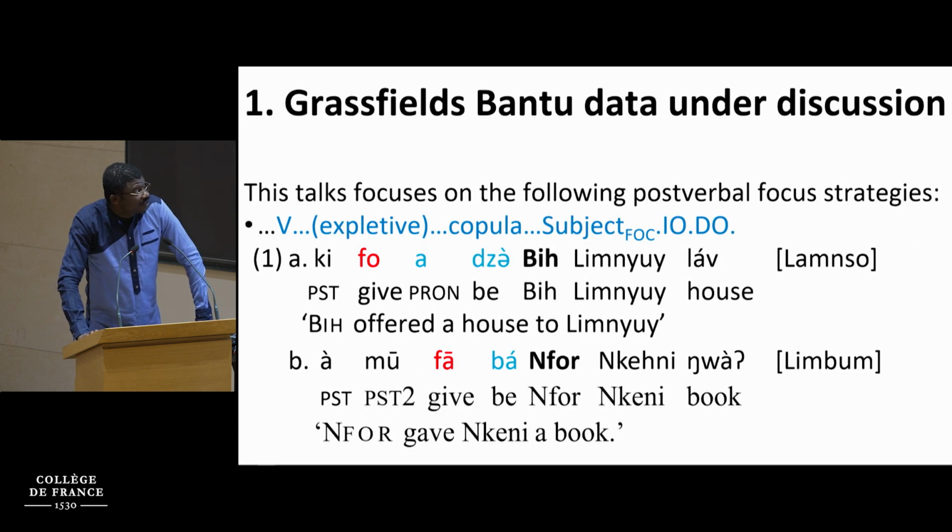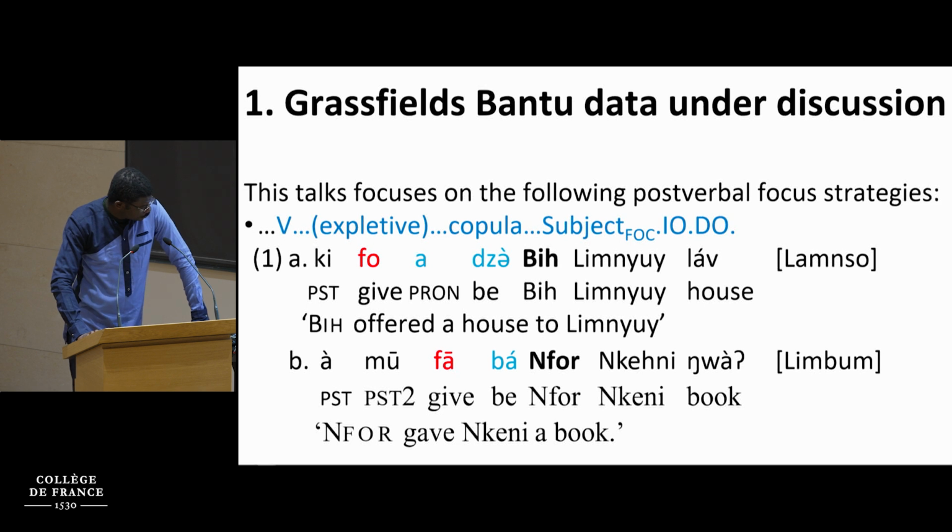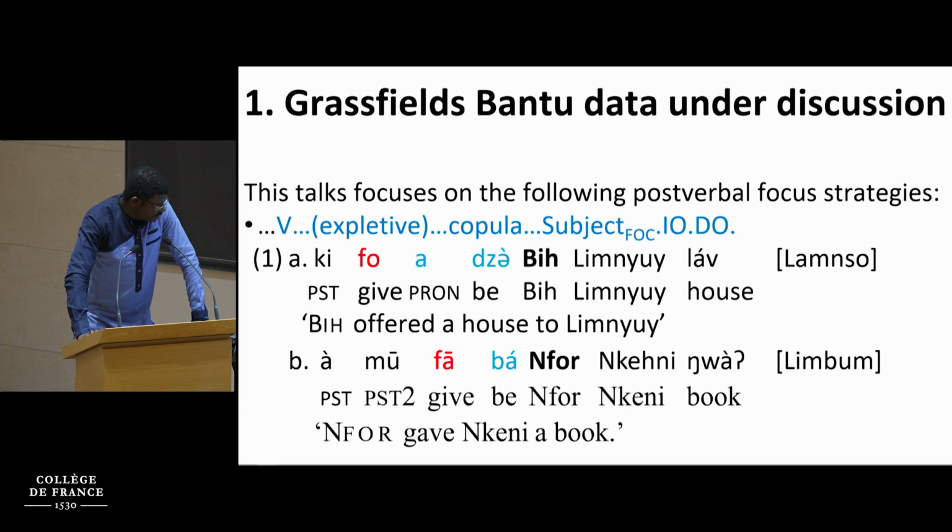More specifically, I will try to investigate the following constructions. The first one, you have a post-verbal subject followed by the other arguments, preceded by a pronoun and a copula, like in Lamso in 1A.